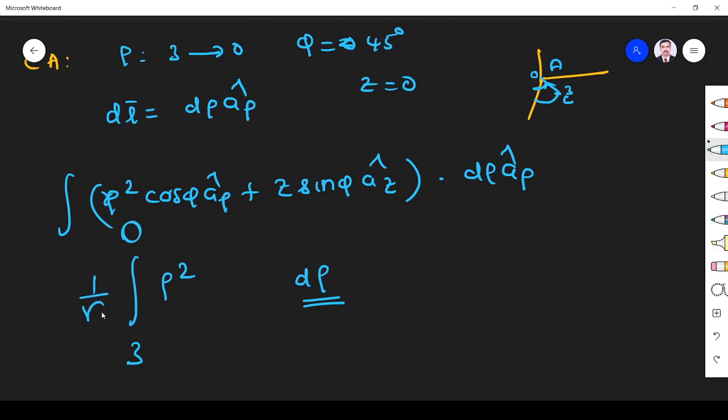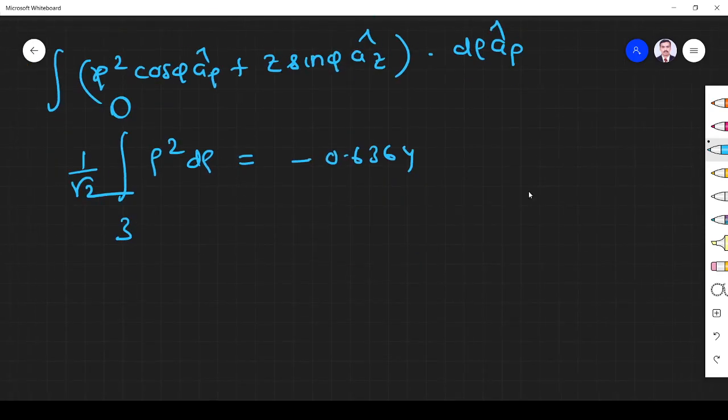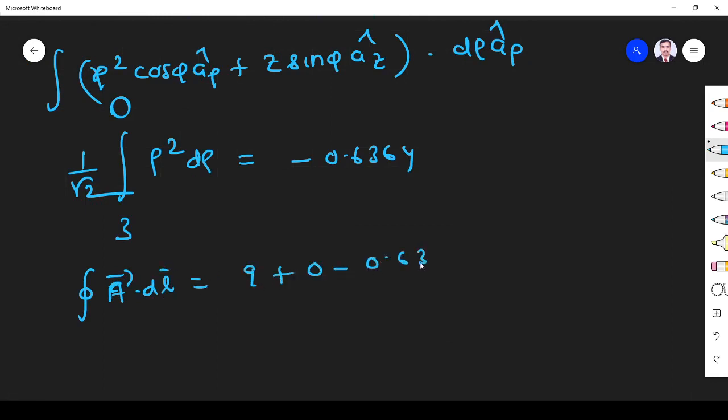Rho squared integrated from 3 to 0 and simplified gives minus 6.364. Now the total closed loop integral of F dot dl is 1 plus 9 plus 0 minus 6.364, so we get 2.636. This is our left hand side.